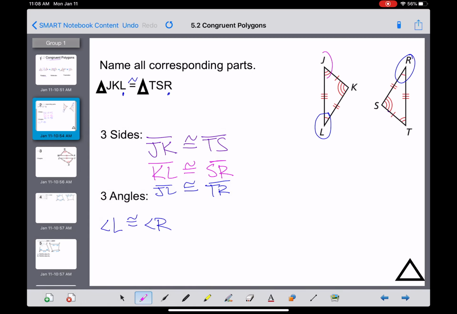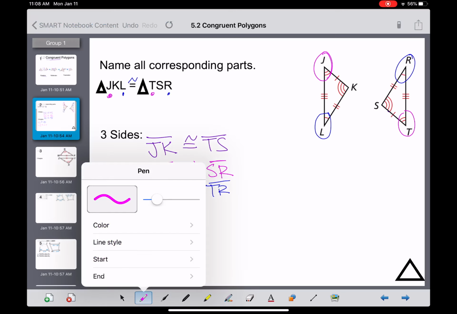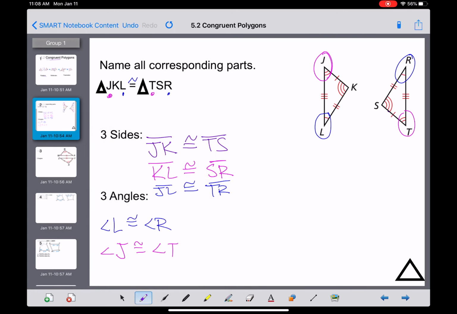Two arc marks: I have J and T. So angle J is congruent to angle T. Using my statement, J and T are in the first position. Three arc marks are K and S. Therefore, angle K is congruent to angle S, and they are in the middle position in my congruency statement.